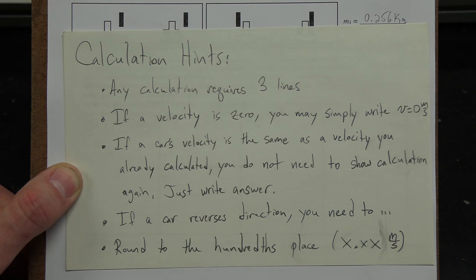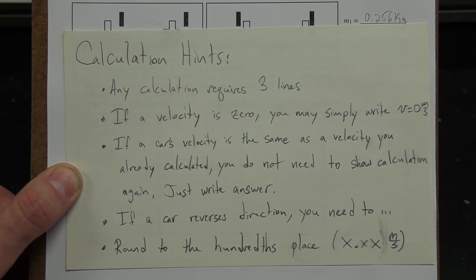Again, that's for you to figure out. And any calculation needs to be rounded to the hundredths place. Now, these are the hints, but what I want to do is show you the collision again in slow motion to help guide your thinking. So let me reconfigure the camera to show you the collision again in slow motion.